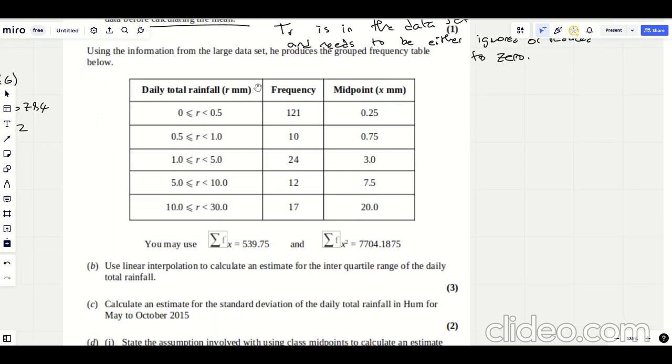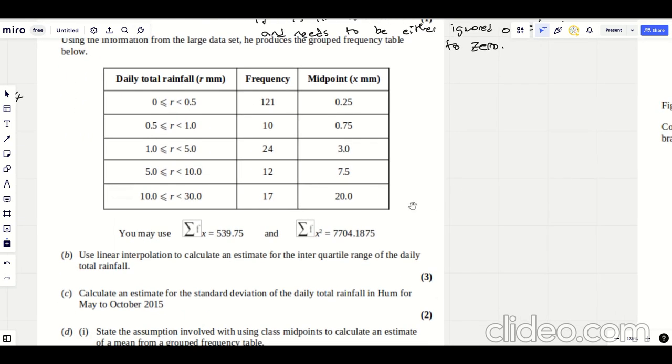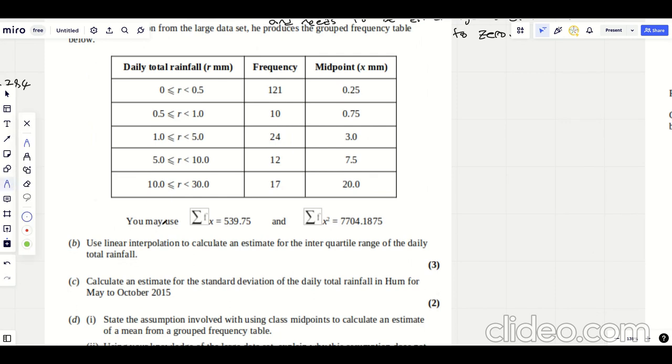Okay, using the information from the large data set, he's got this table. Okay, interpolation. They want us to interpolate. We've already done a little bit of interpolation, but let's do some more. Okay, what's the frequency add up to here? 131, 155, 167, 184, I think. Let me just check that.